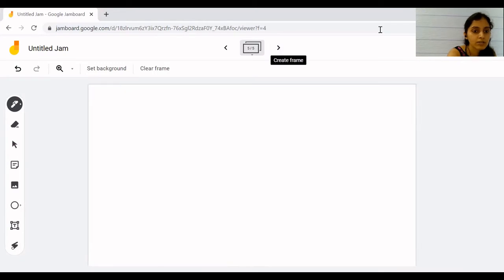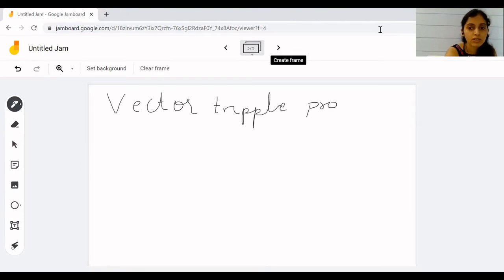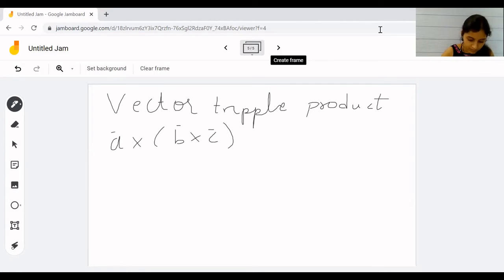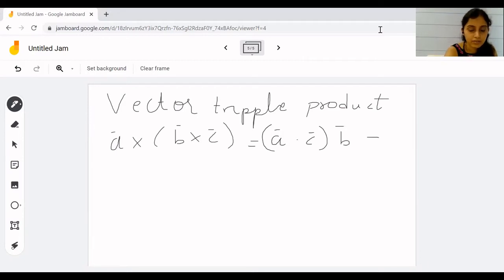Now moving on to vector triple product. Again, for vector triple product, you don't have to do the proof. We have to directly only write the triple product. So what will it be? All the three vectors taken in cross product, that is A bar cross B bar cross C bar, which is equal to A bar dot C bar into B bar minus A bar dot B bar into C bar.